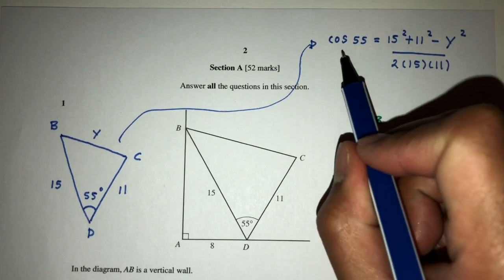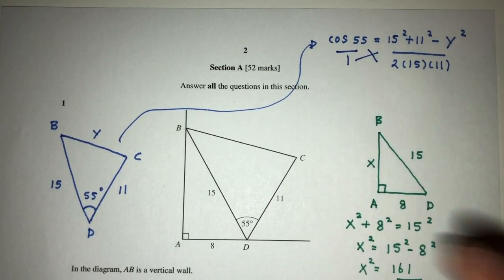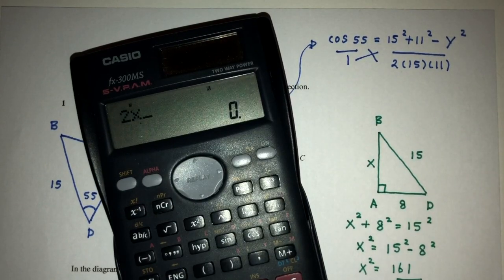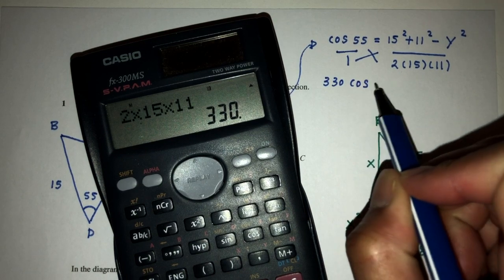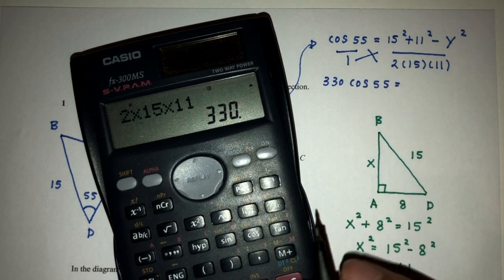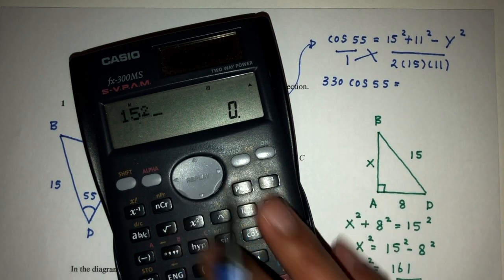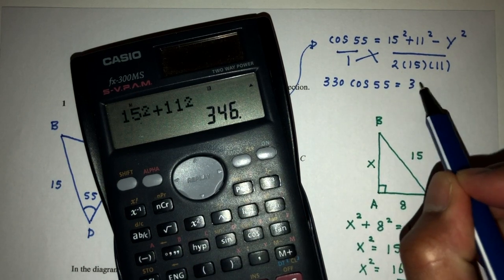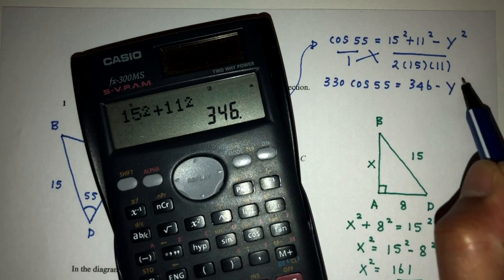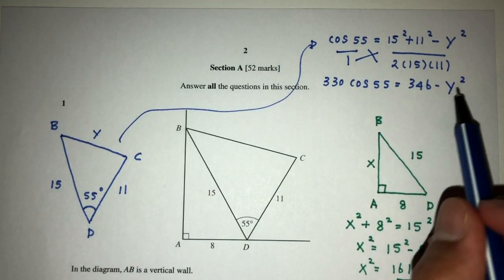Now we just have to solve for the value of y. So first thing first, we can cross multiply. 2 times 15 times 11 will be 330. You will have 330 cos of 55 is equal to 15 squared plus 11 squared, that will be 346 minus y squared. So let's first solve for the value of y squared.